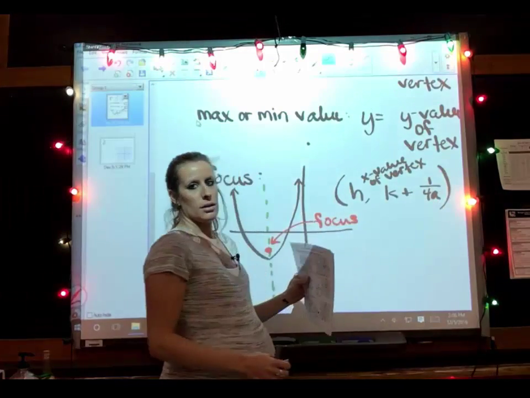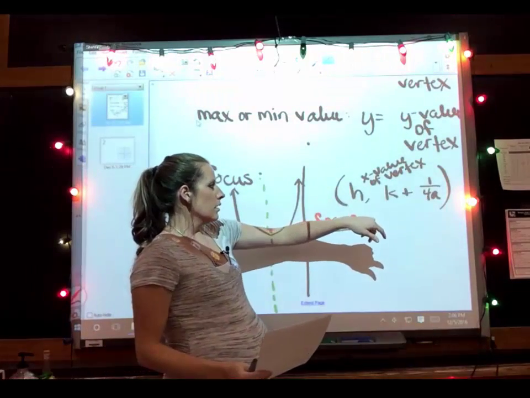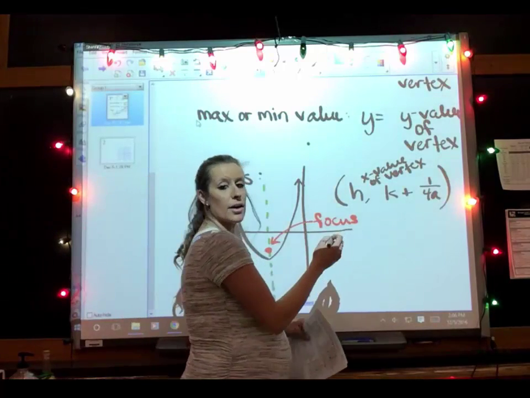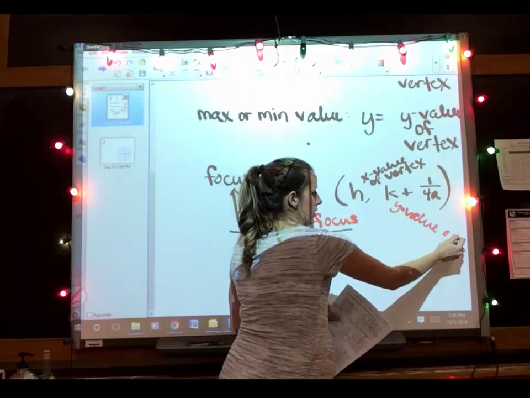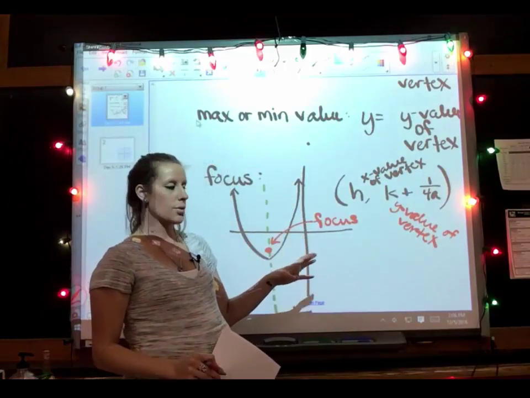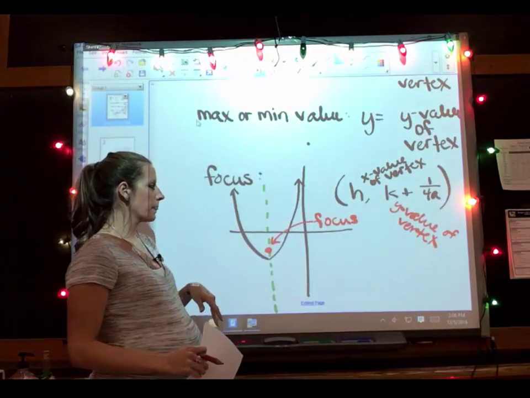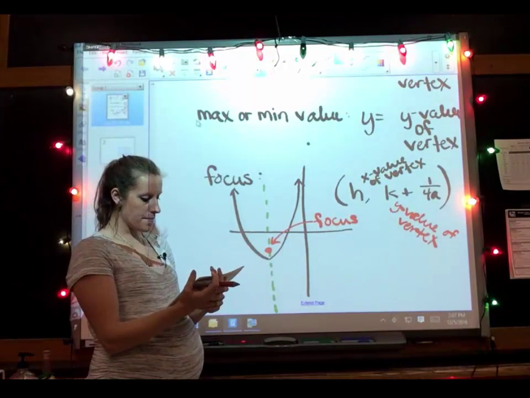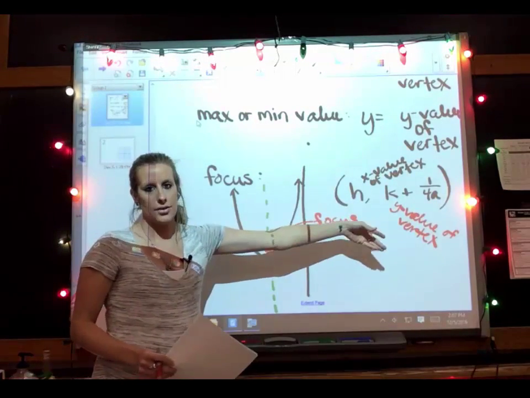And you'll see more of how to do it whenever we go through examples. But k, if you remember, is the y value of your vertex. And then a is the first number in your quadratic equation. It's that number with x squared in standard form that we talked about yesterday. We'll go over that more here in a little bit with an example. But just know this is what a focus is and that's how you find it. It's not too bad.